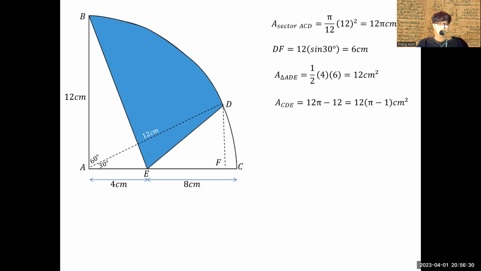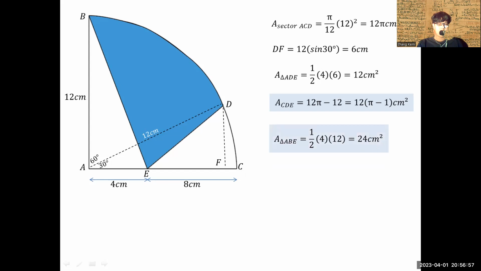I hope you can see what I mean. I just have to subtract these two unshaded regions to get the shaded region. Let me add a checkpoint: the area of triangle ABE is half of the base, which is 4, and the height, which is 12, giving us 24 cm squared.